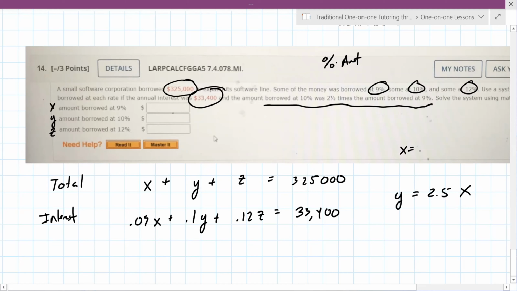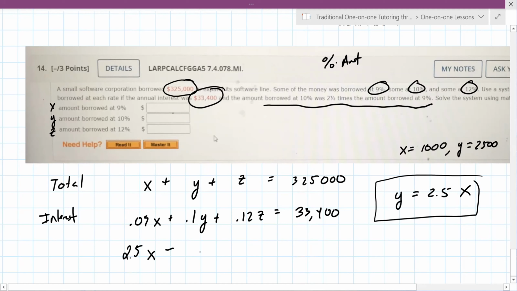Let's say X is 1,000. That means Y is 2,500. Is that reasonable? Is 2,500 2.5 times 1,000? Yes. And that's how you decide which way to go on that. Now you have to have X and Y on the same side. So you can go 2.5X minus 1Y equals 0.